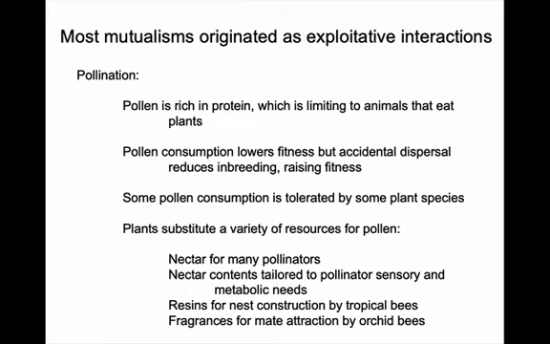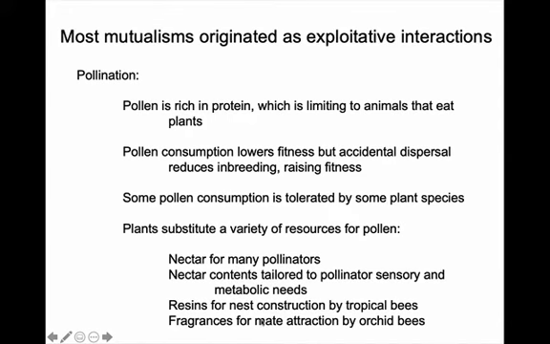If you think about it, bees in particular make nests out of chewed up plant fibers. Well, what happens to that when it rains? Which it does in the tropics a lot. What happens to a sheet of paper in the rain? It melts away. So it would help if you could waterproof your nest. Resins get collected by tropical bees to waterproof their nests.